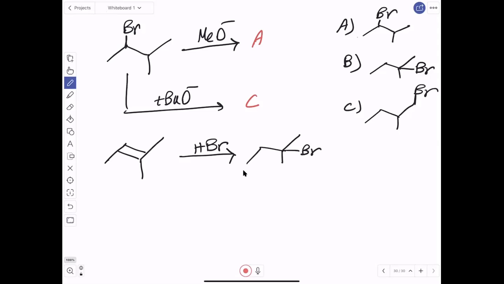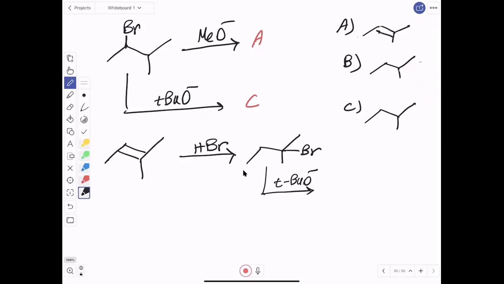And then I will add tertiary oxide to this. Now, which one is the product?